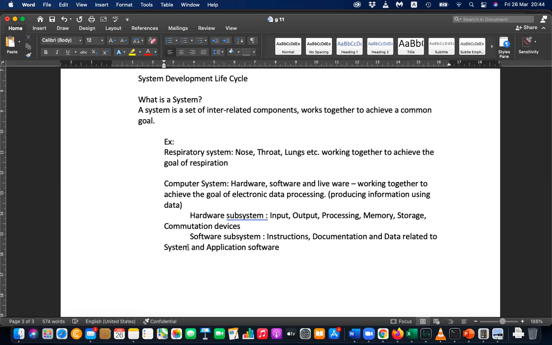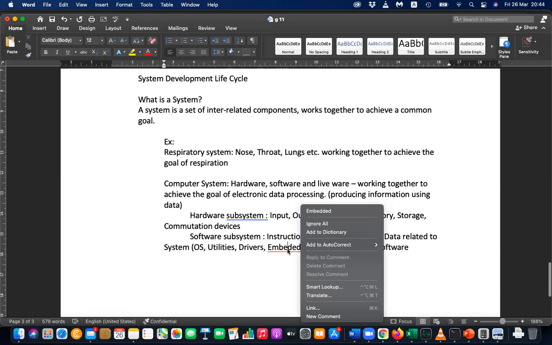System software includes the operating system and utilities, drivers, and you have embedded software. All these things together form the software subsystem.